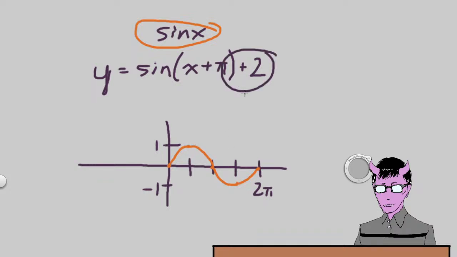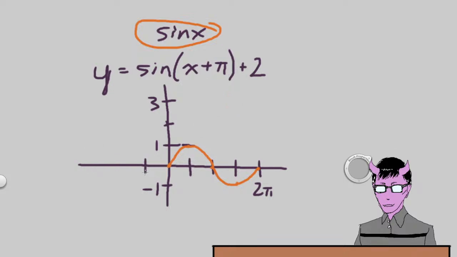Since we move everything upwards 2 spaces, this maximum, which was at +1, needs to go to +3. So this is 1, this is 2, and that's 3. And then everything moves 2 hash marks over to the left, so I'm going to need some negative hash marks right here.